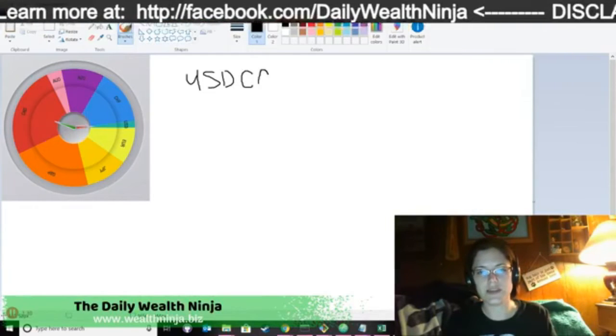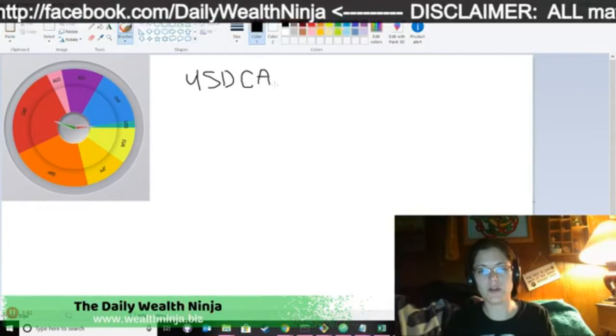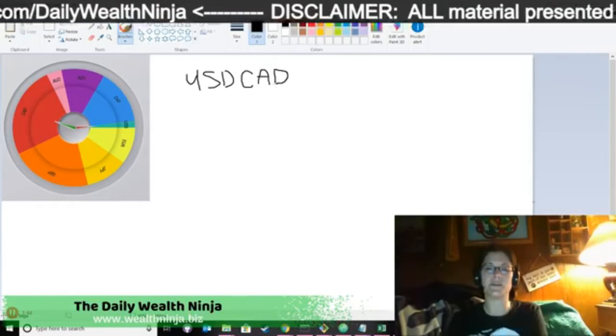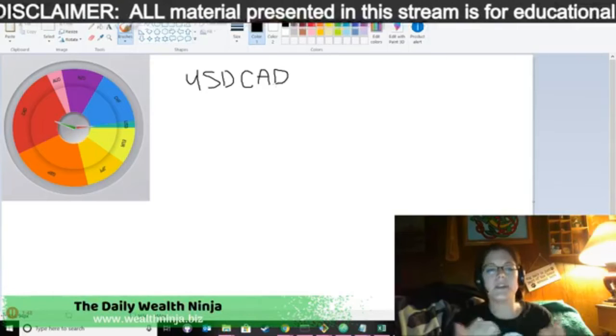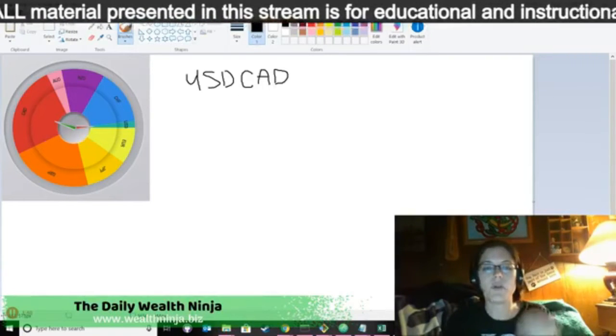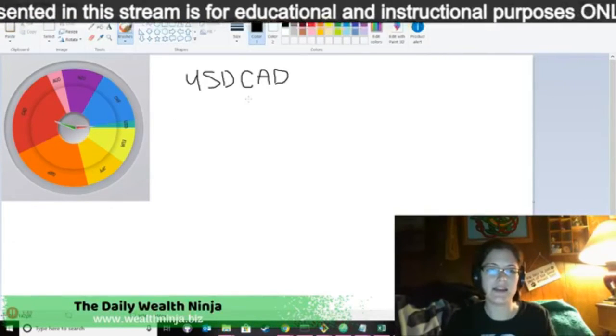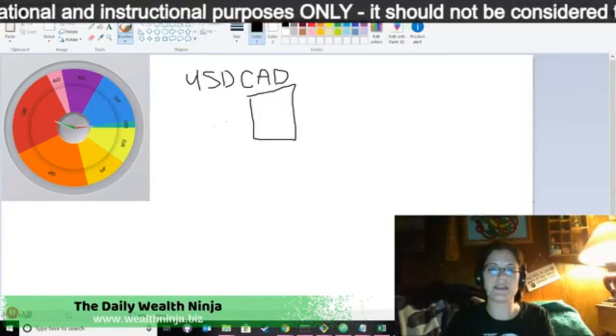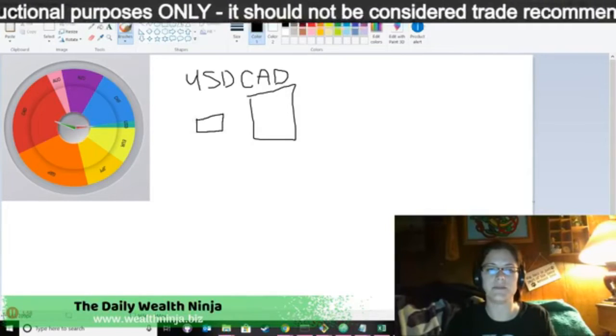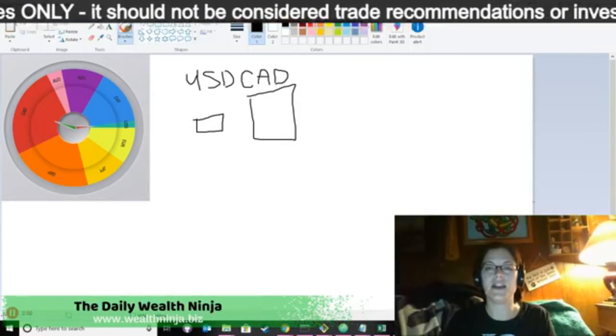So if you were using this heat wave, and you're looking to use that as a potential opportunity to get into a trade, and you decided to do the USD CAD, what this is saying is that the CAD has a bigger piece of the pie than the USD, right? So think of this like a teeter-totter.